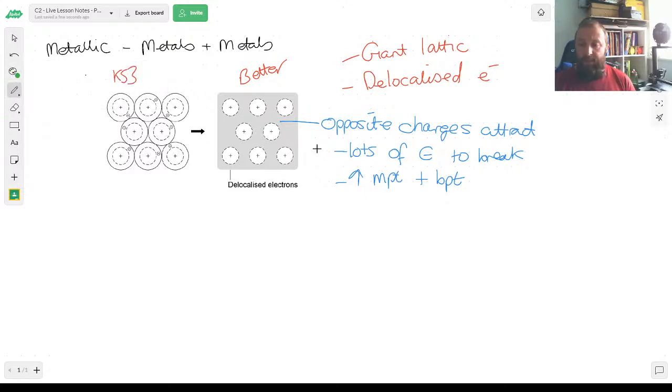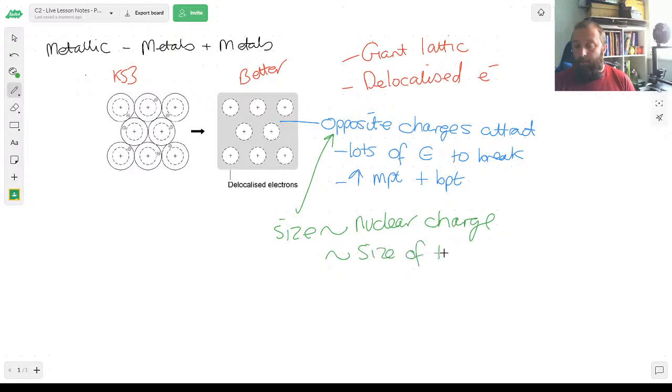So we could say the size of the atom is going to be proportional to the nuclear charge, or we could talk about the number of electrons.